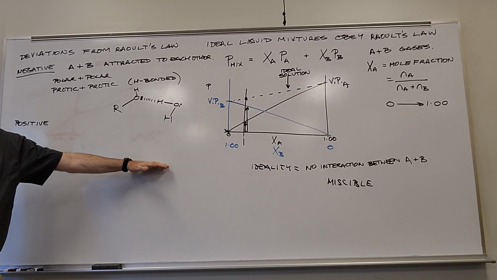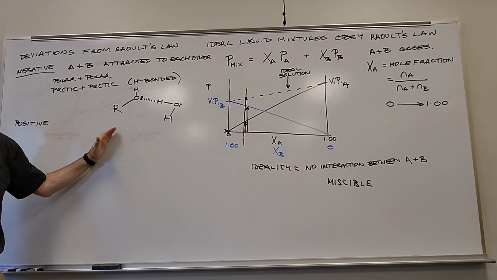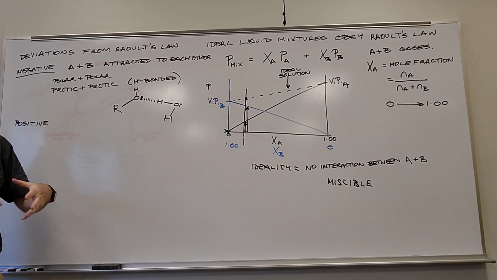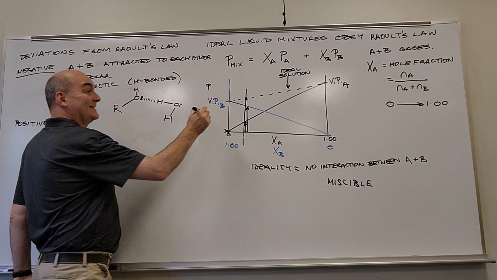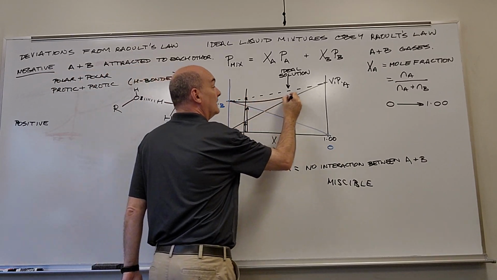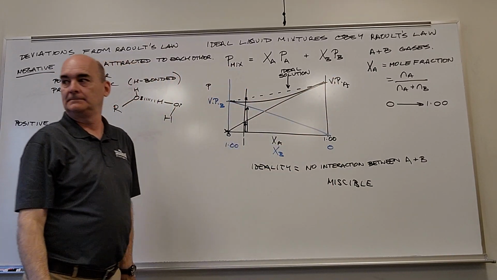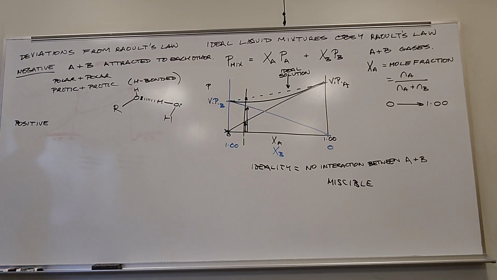So when you add water to alcohol, you make it better at sticking together, which means it doesn't escape into the vapor anymore. And we get a sag here. That's a negative deviation.